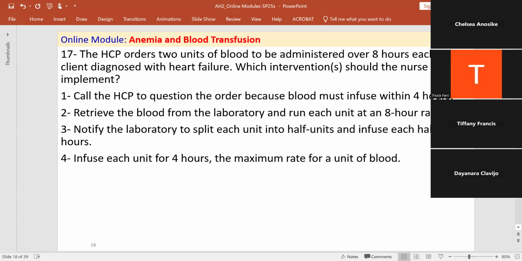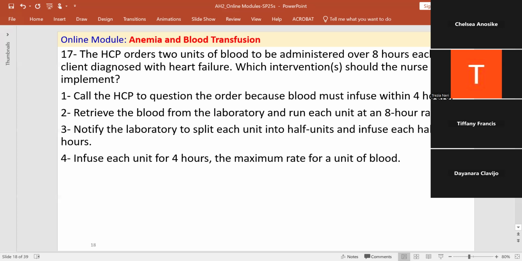So the healthcare provider has written an appropriate order for this client diagnosed with heart failure. And it doesn't need to be called to verify the order before implementation. You don't have to call them. So would it be 3?